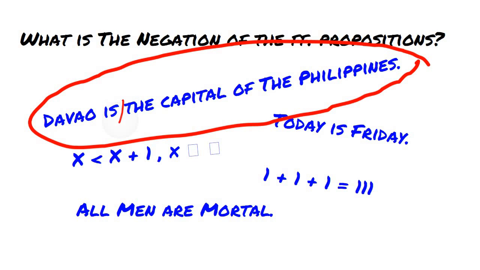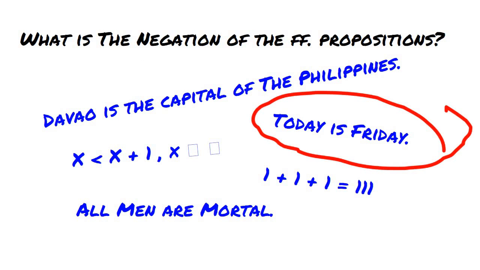Davao is not. And the truth value of this proposition is true. Next, today is Friday, so we'll simply make it today is not Friday.